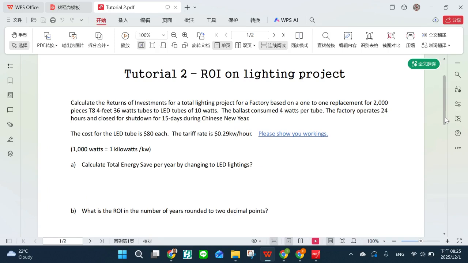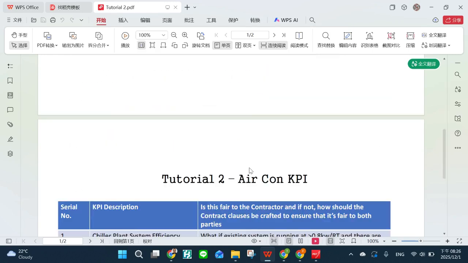Okay, so the question is, you have one very old pump, consuming 7 kilowatt per hour. You have one pump only for a water feature, 7 kilowatt per hour.